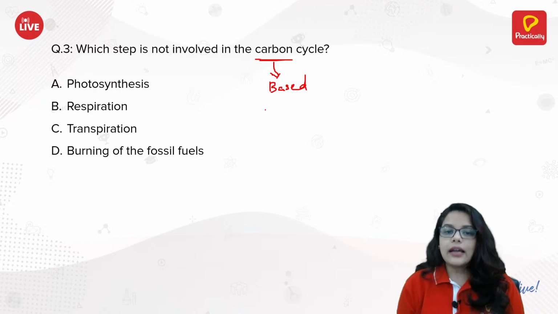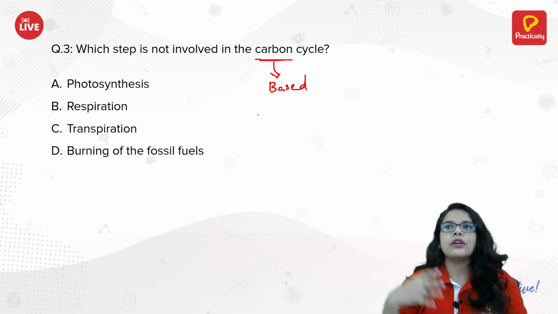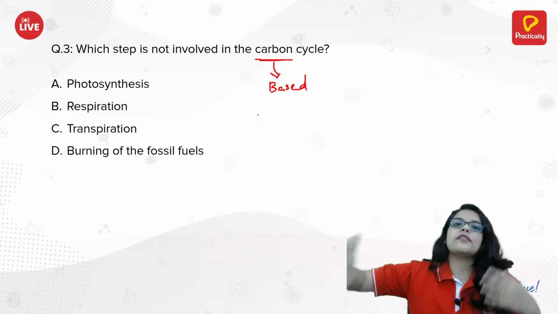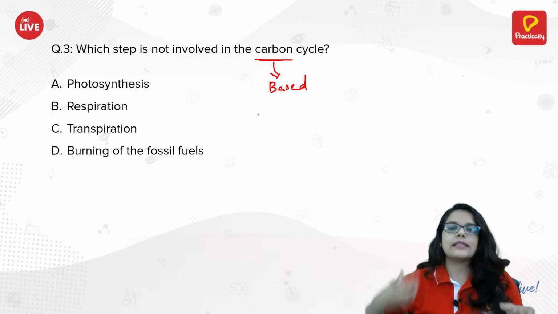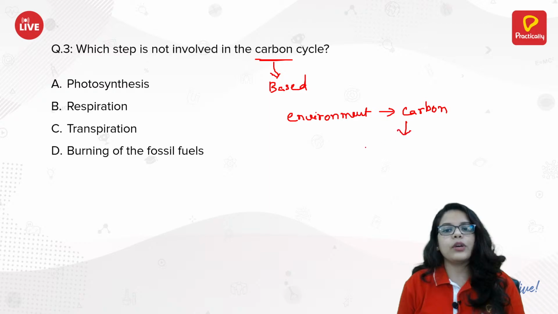In our environment, the carbon cycle is where the environment gives us carbon and then takes it back. The environment provides carbon to the humans, to the plants, to everything else, and then it goes back to the atmosphere.